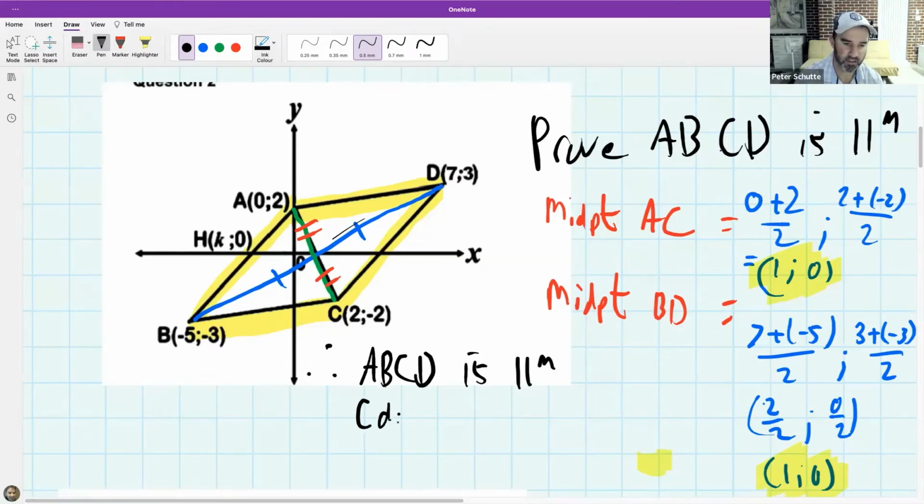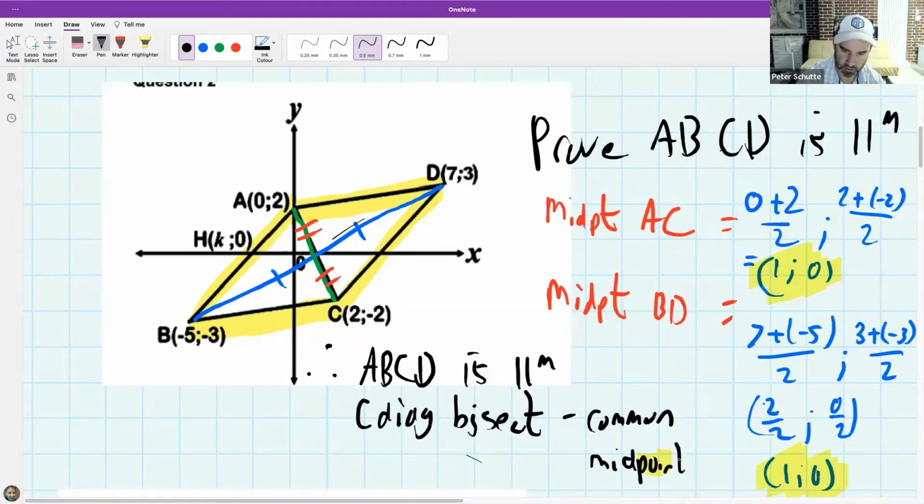And why is that? Because the diagonals bisect, and you've shown that from common midpoints. Sorry, guys, it's getting a little bit messy there. So diagonals bisect, common midpoints, and we've shown it's a parallelogram.